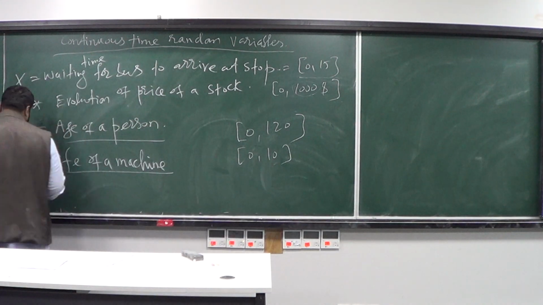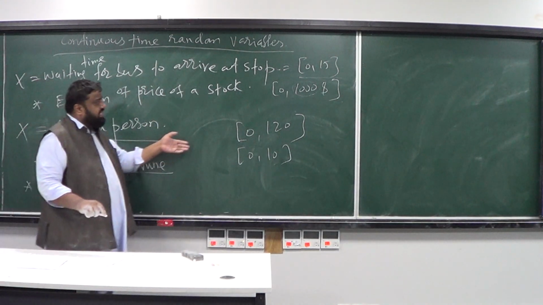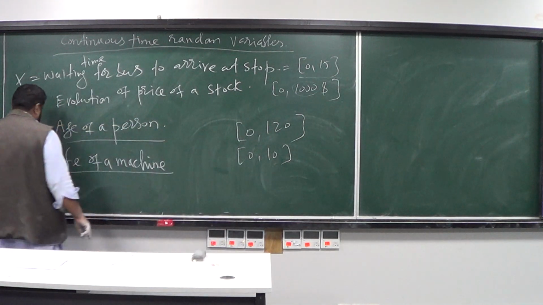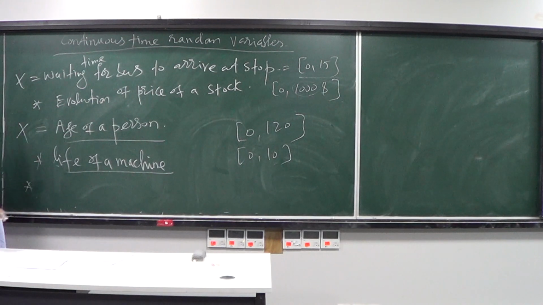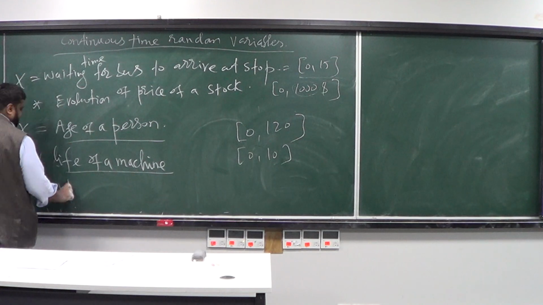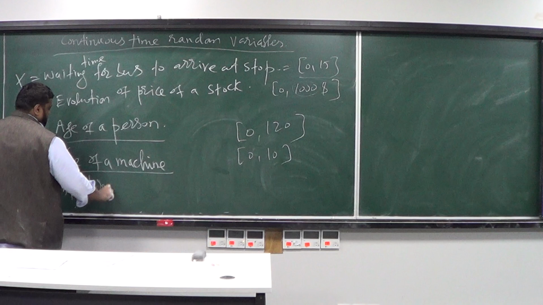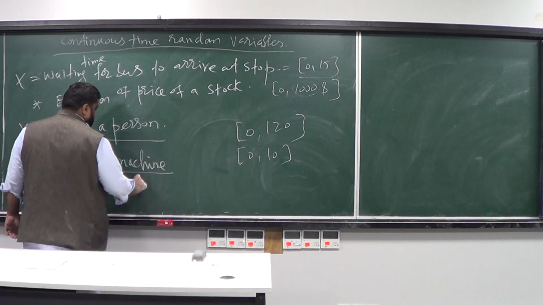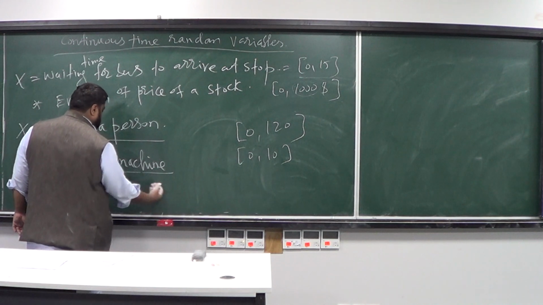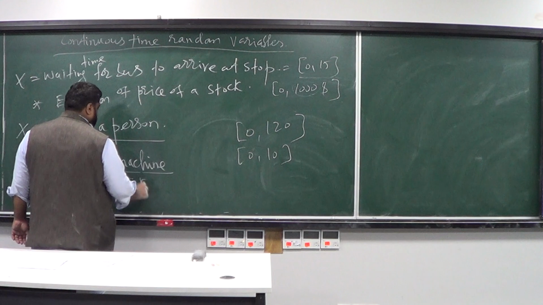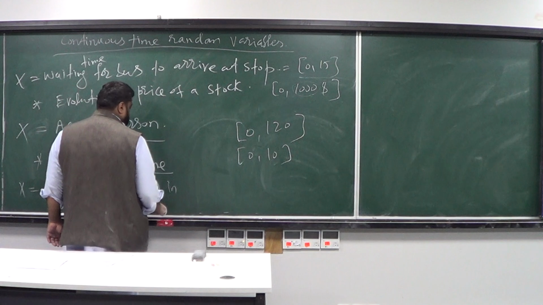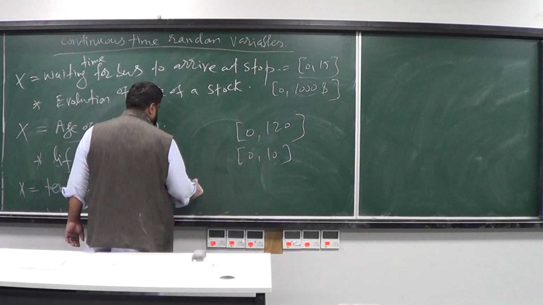What could be other examples? It's not necessary that you always take non-negative values, you can also take negative values. For example, x is the temperature of a region, say Sukkur, in a year.